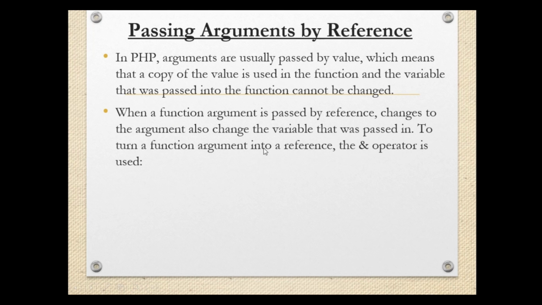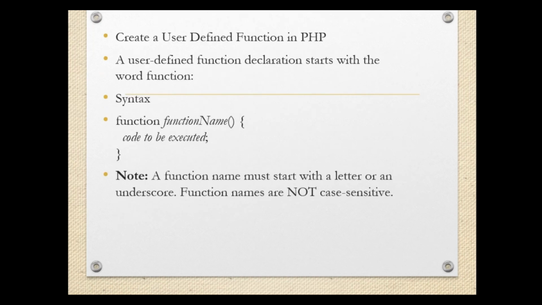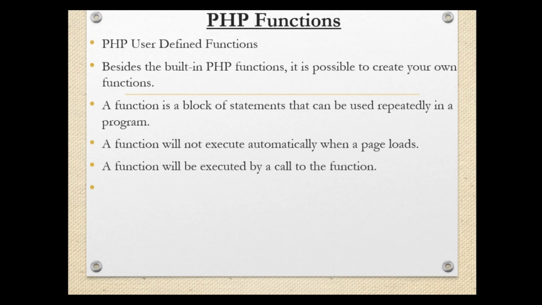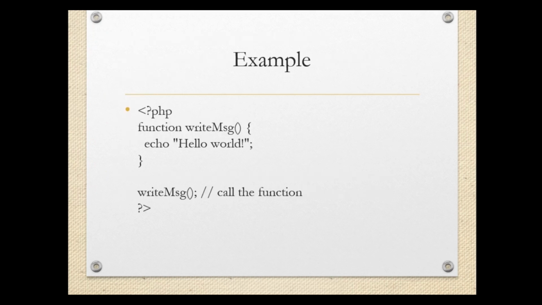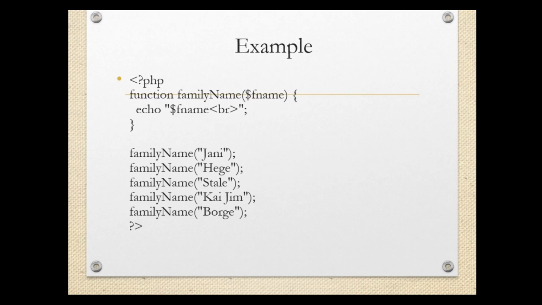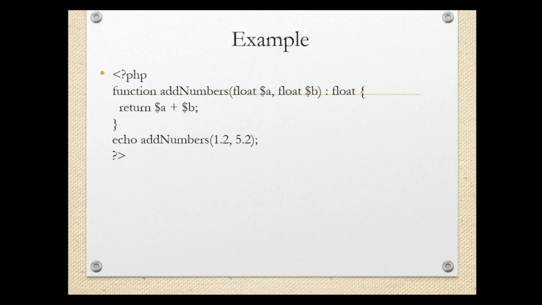So students, we will stop this session today. A quick recap of what we did in chapter number 3. We started with chapter number 3, that is functions, objects and errors. We have seen PHP functions, an example of a function, PHP functions with arguments, an example of that, how to return a value by using the return keyword, again with an example.